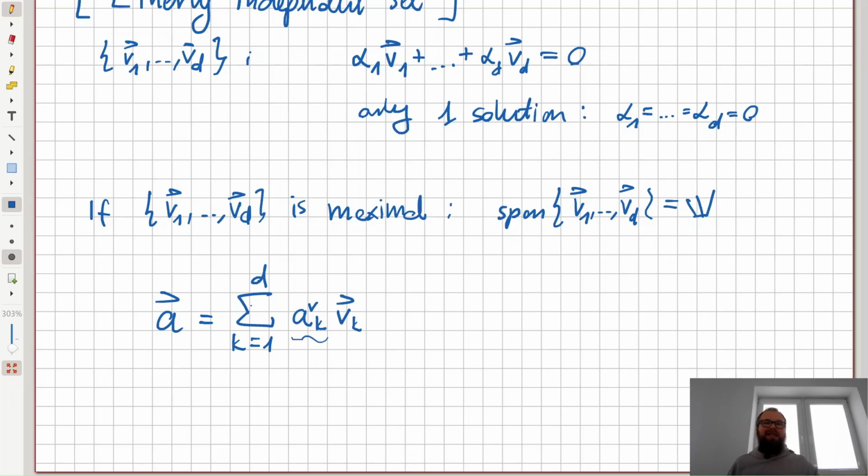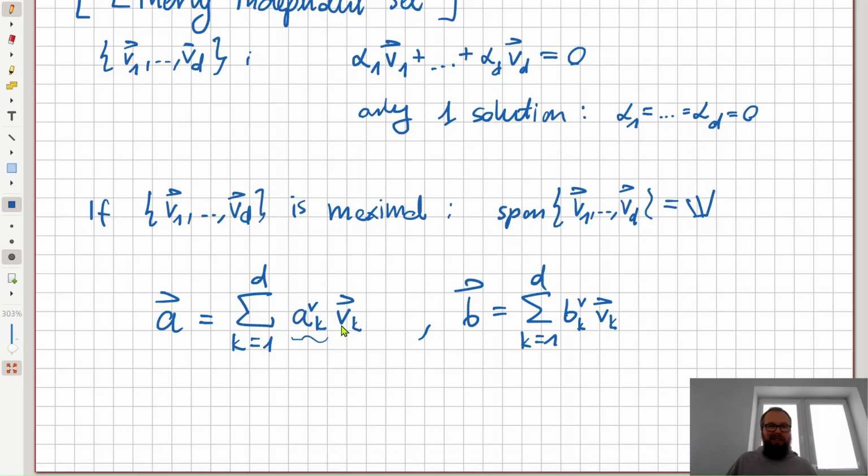So these are scalars, right? And for every vector, these scalars are unique. Every vector has a unique set of scalars, and they usually call them coordinates. Coordinates of a vector A in a basis V. Let's call it V, because we use the letter V for those vectors here. And the same with some vector B, which would have its own set of coordinates B_k^V, and so on, for any vector.